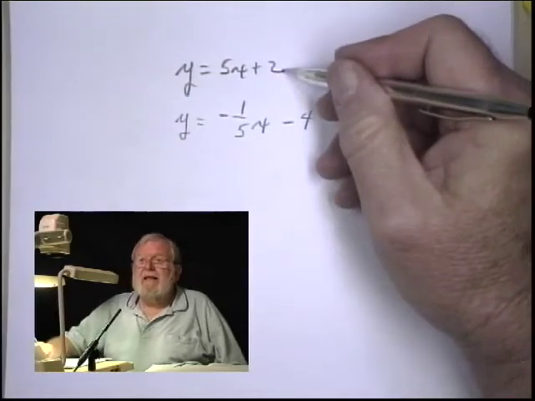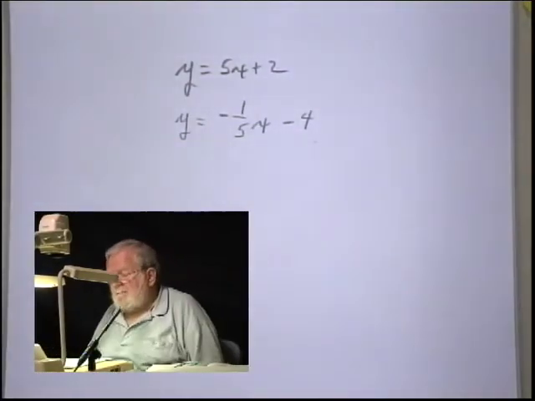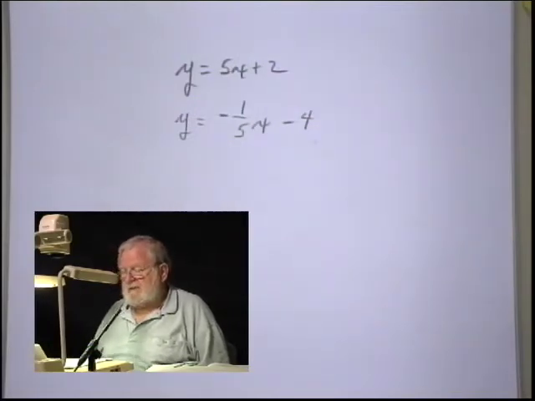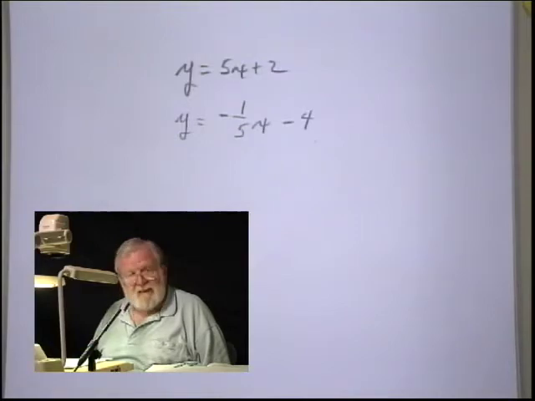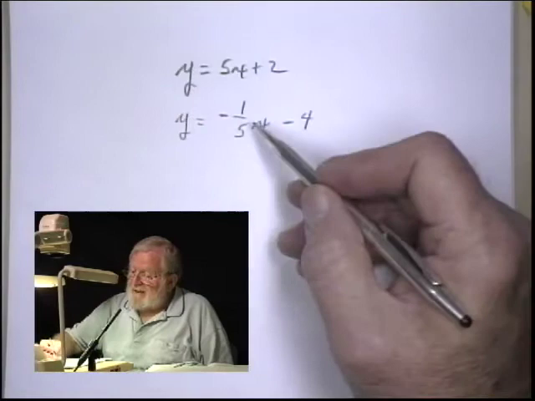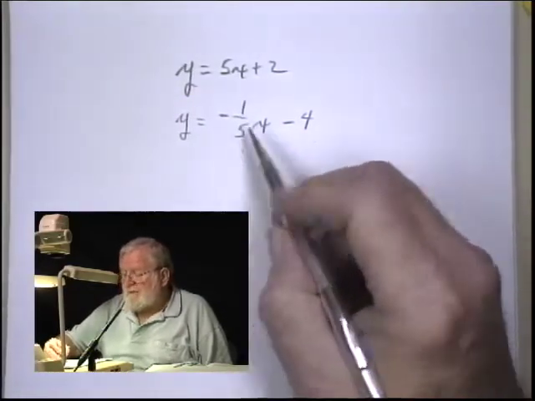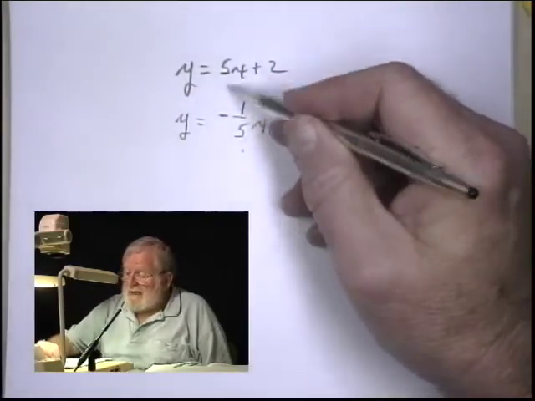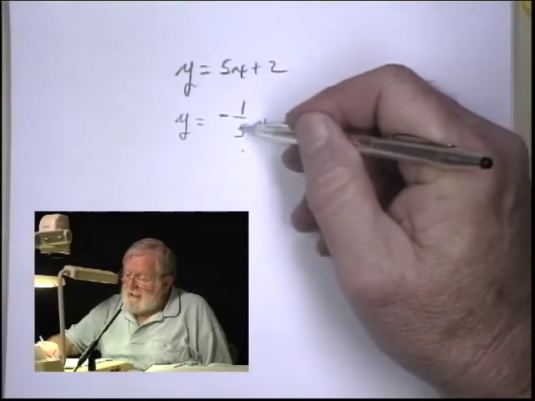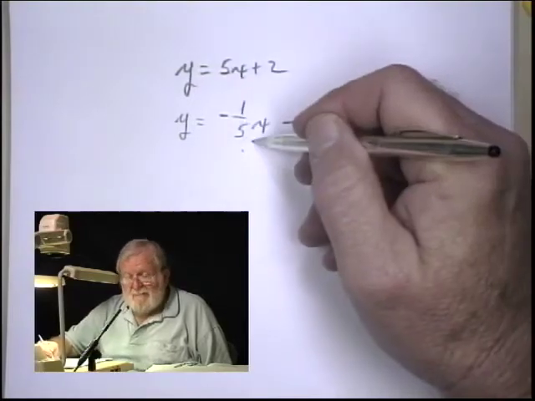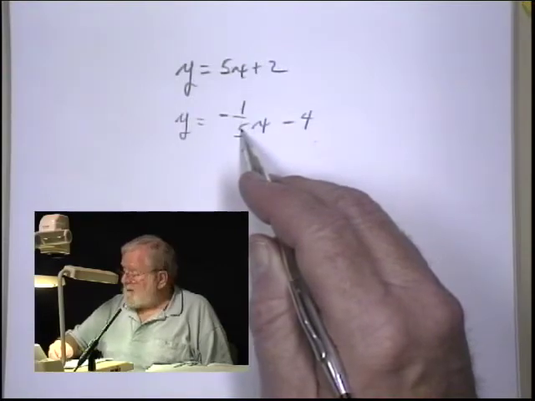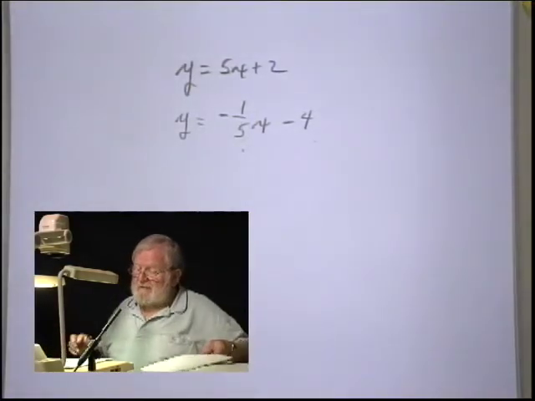Now, the 2 and the -4 don't make any difference as far as the lines being perpendicular to each other. Those are just the points where they cross the axis. But we recognize that this has a slope of 5 and this has a slope of -1/5. These are negative reciprocals of each other. So because they're negative reciprocals, when we graph these two lines, they should intersect and they should be perpendicular to each other. Let's graph them and see.